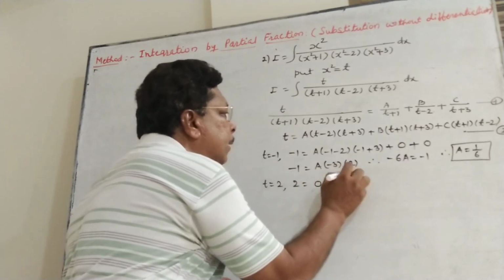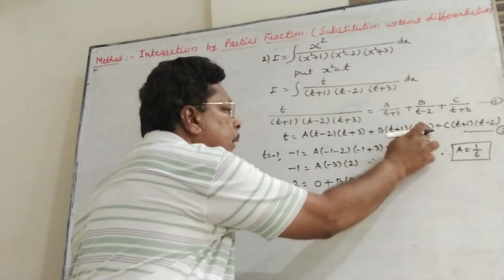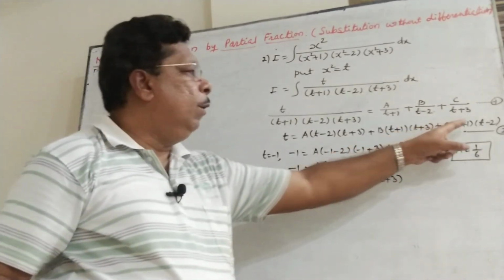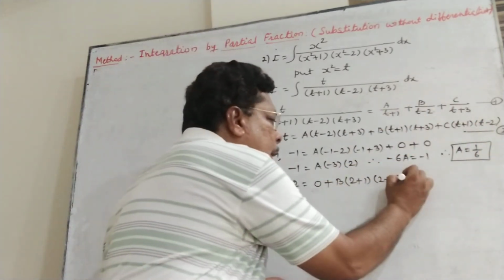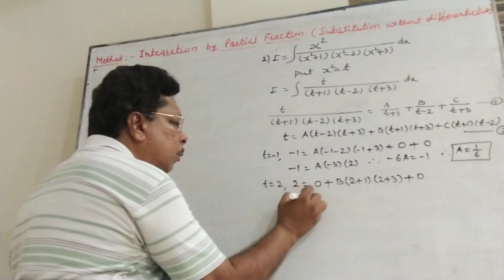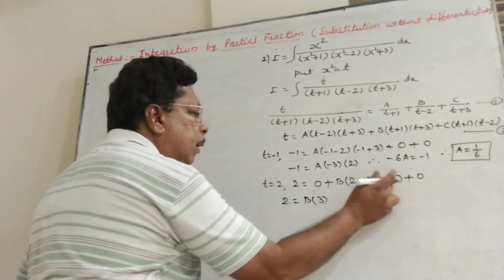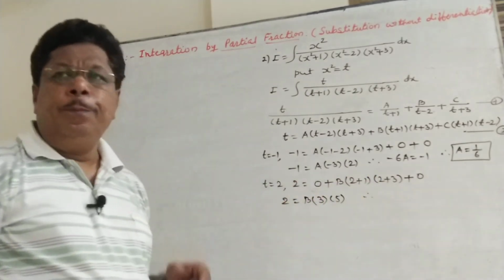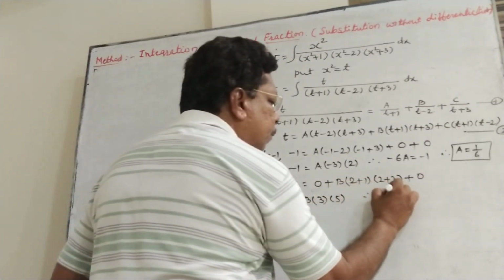Plus b, put t is 2: 2 plus 1, 2 plus 3. Now here t equal to 2, 2 minus 2 is 0, 0 into this term is 0. So last term is 0. So 2 is equal to b into 2 plus 1 is 3, 2 plus 3 is 5, 3 into 5, 15b, 15b equal to 2.